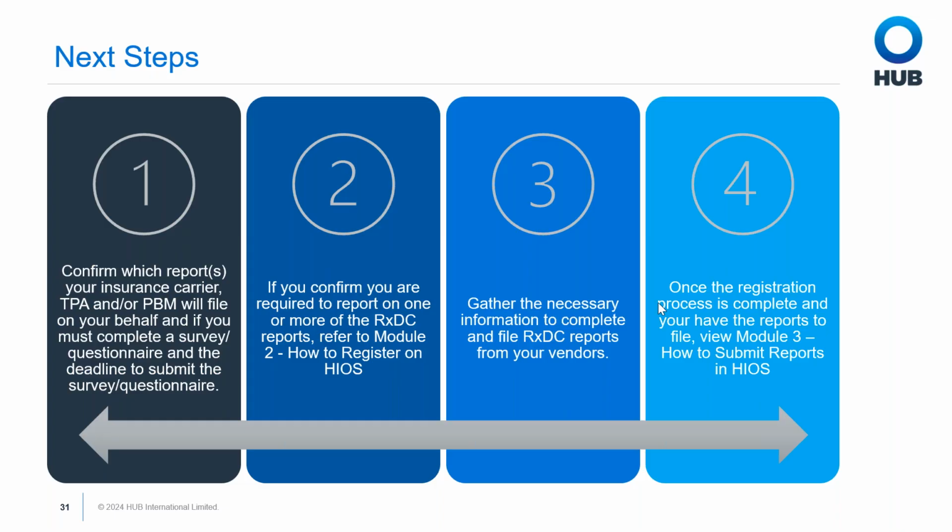So hopefully today's event has informed you on how to proceed with RxDC reporting, either completing the questionnaires for your carriers, or if you are required to report directly with CMS on one or two of those provisions, P2 or D1, we've walked you through that process. Please refer to our secondary and third modules to review how to file additional returns.